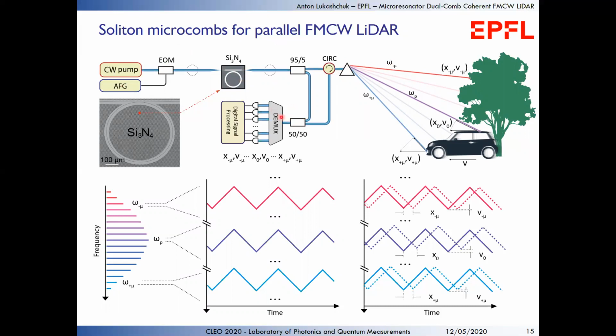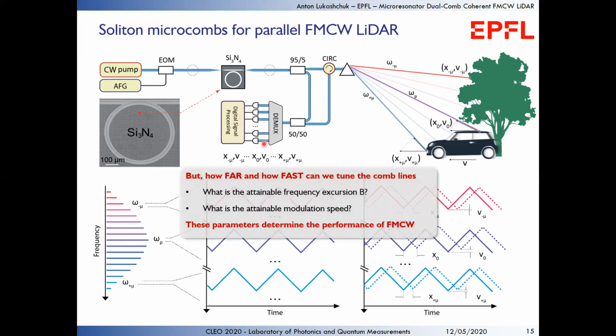We use a demultiplexer to demultiplex each of the comb lines separately and send it to the photodiode. So we have a distinct number of single FMCW sources, and for each comb line we can perform an FMCW measurement and determine the pixel velocity and distance measurement. And here we have a digital processing array.